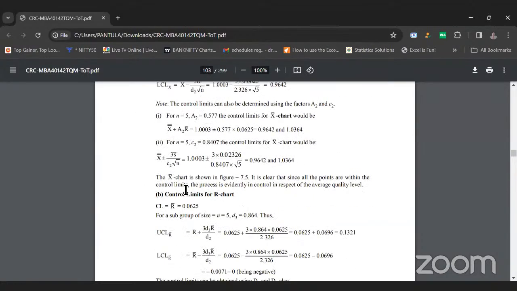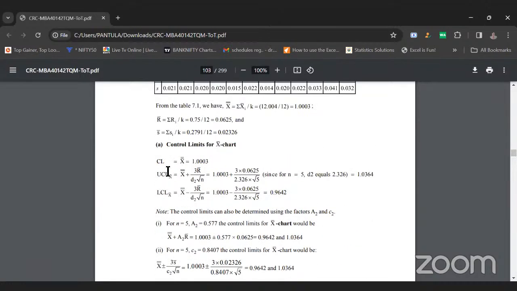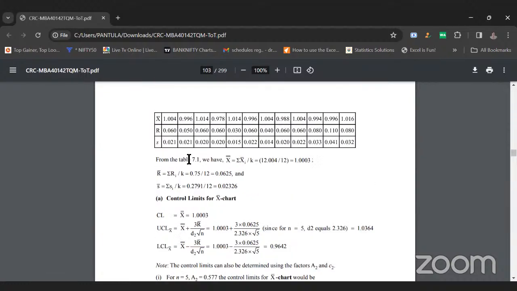Okay, and so now the central line is 1.03 here. And the upper control limit is equal to 1.03 into 3 into 0.60 into 0.25 divided by 2, since n is equal to 5.